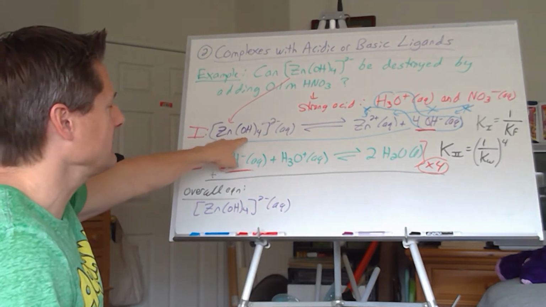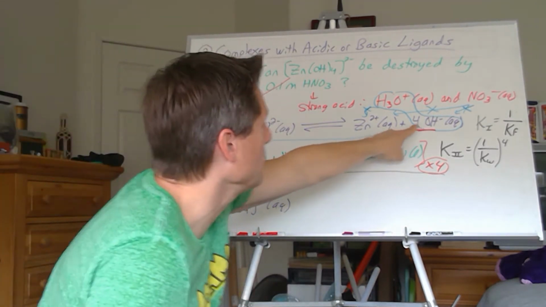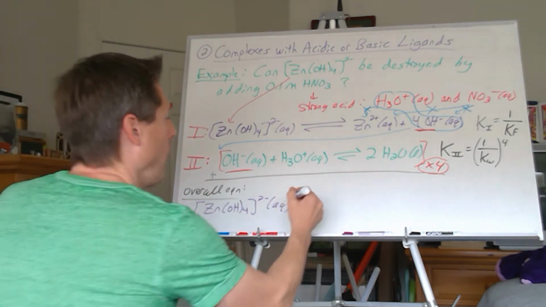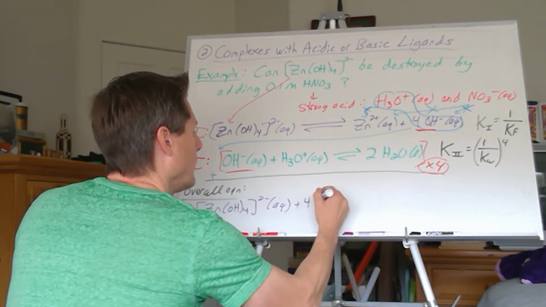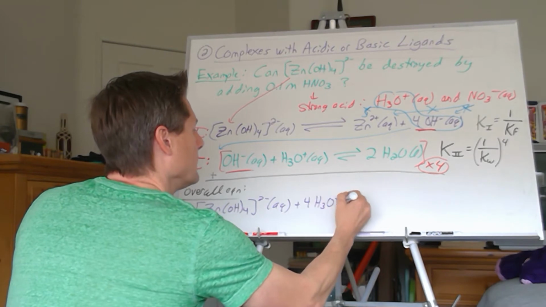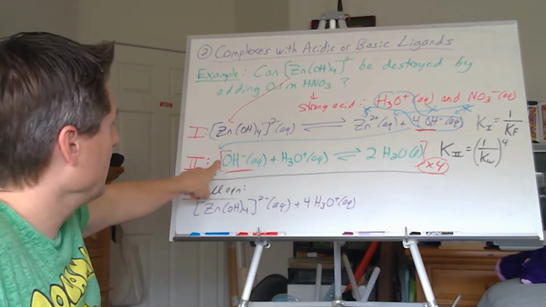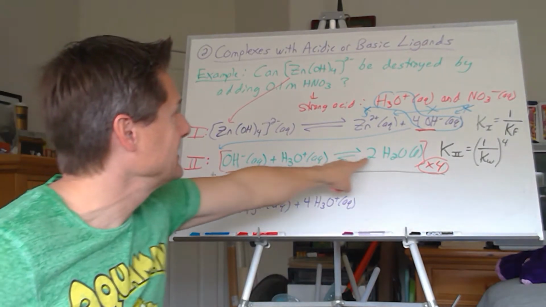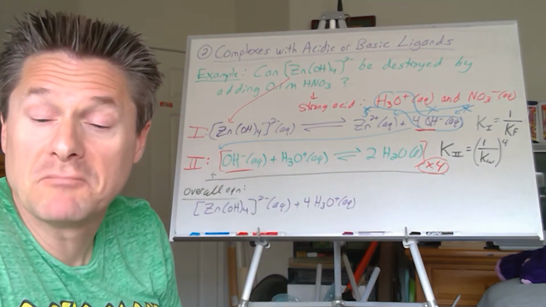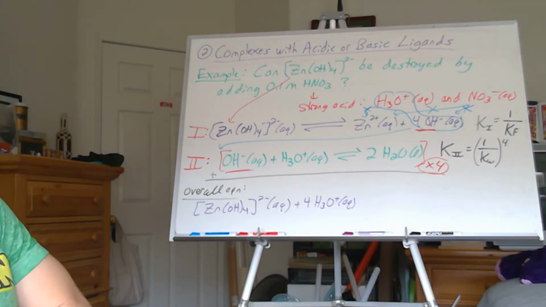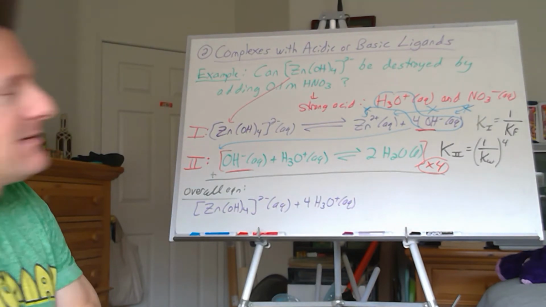That stays. The OH minus will disappear. I'm going to get 4 hydronium ions. You see that? Because I multiplied by 4, so I'm going to get 4 of these, and 8 of those. Everybody see that? 4 of those, and 8 of those.